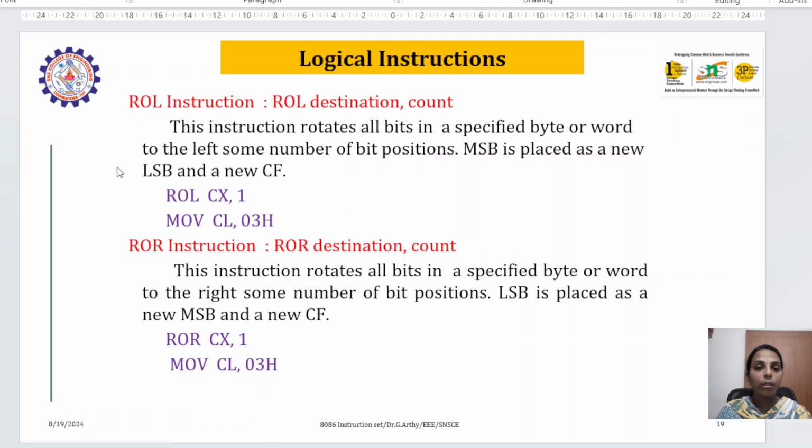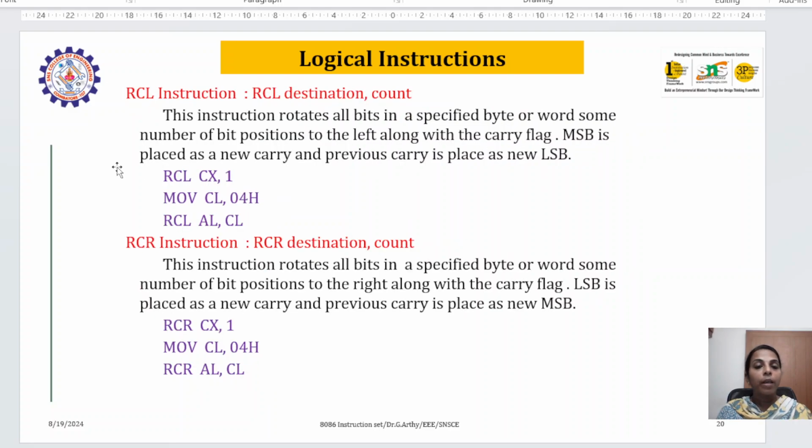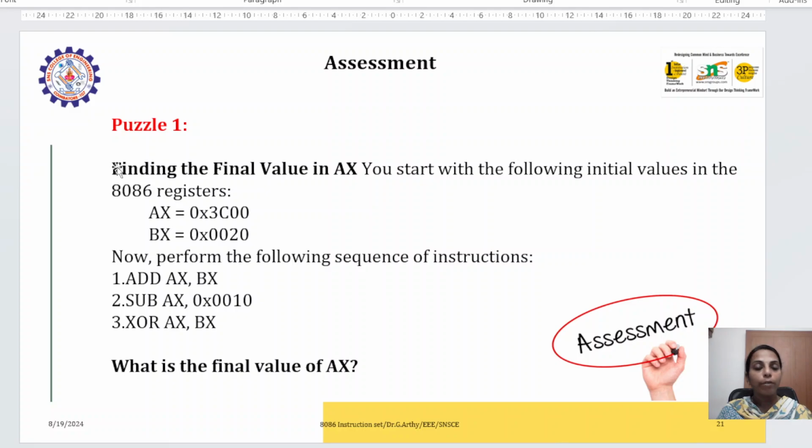But if it is a rotate instruction, the rightmost LSB will again take the MSB position. That is the difference between shift and rotate. Then we have rotate left along with the carry flag. Similarly, rotate right along with the carry flag.